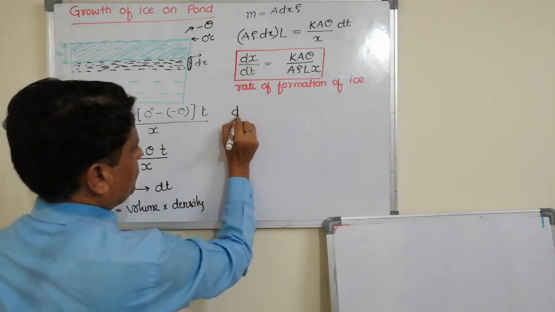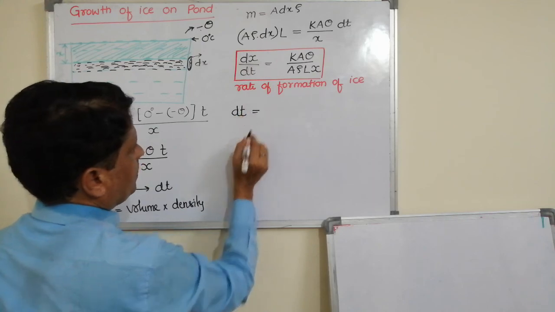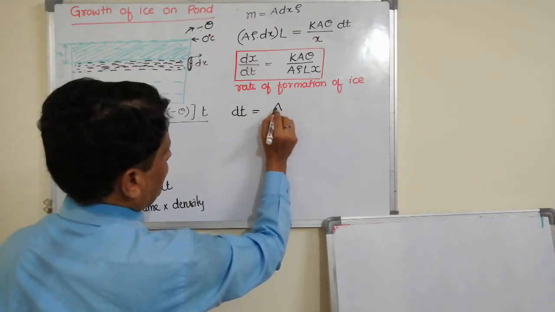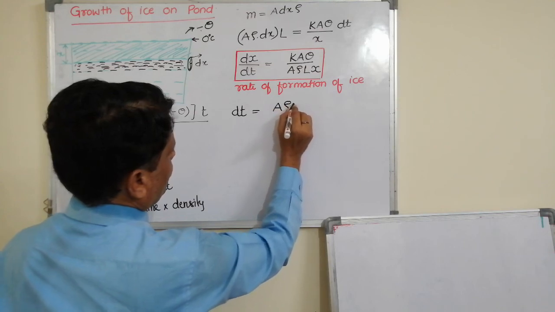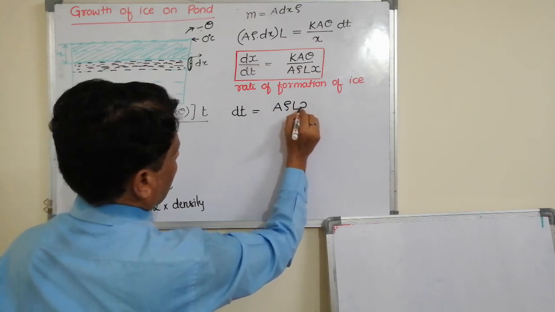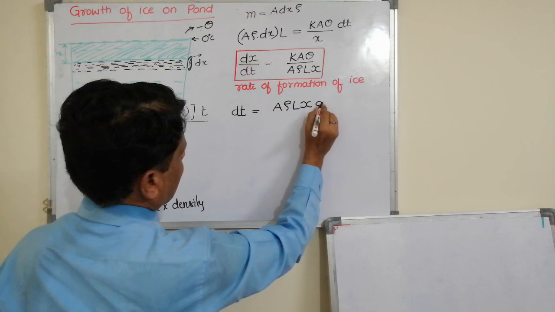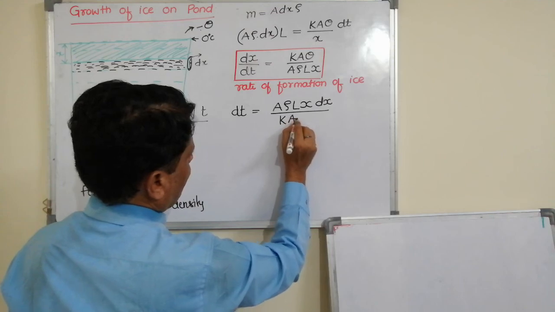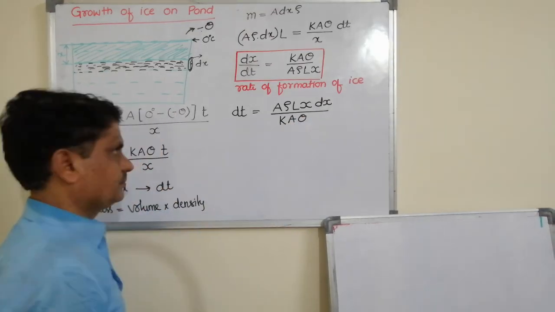Today I want the time, so reshuffle the terms: dt is equal to A rho L x dx divided by K A theta.